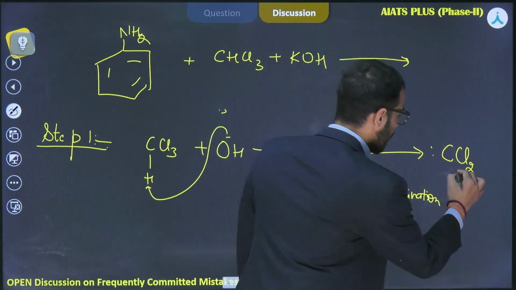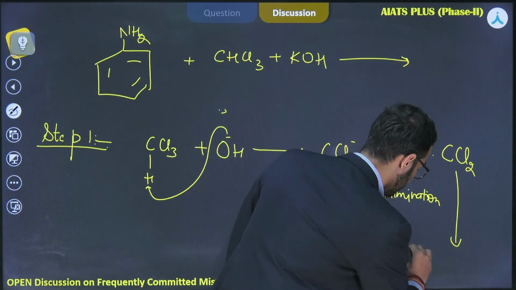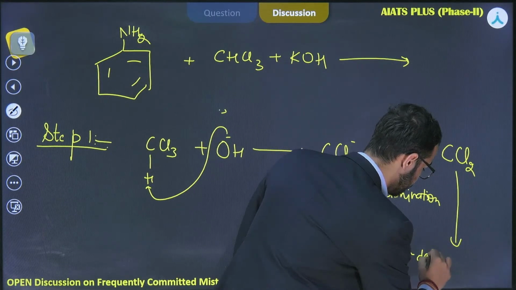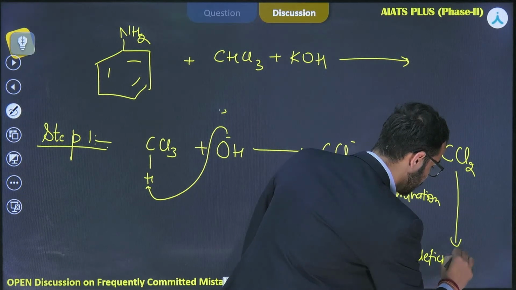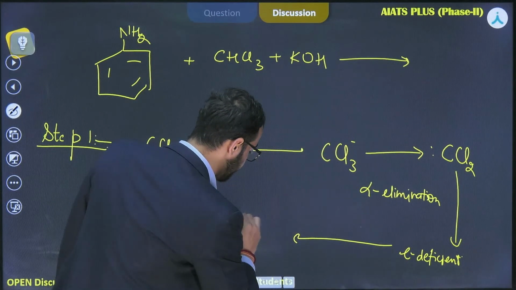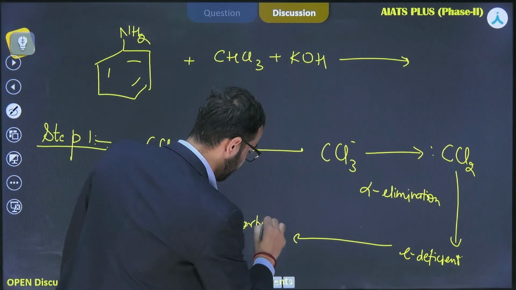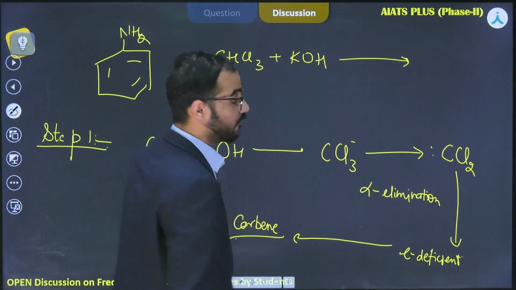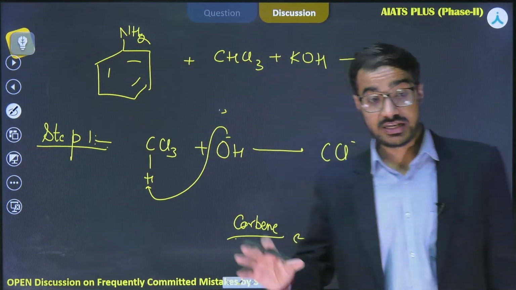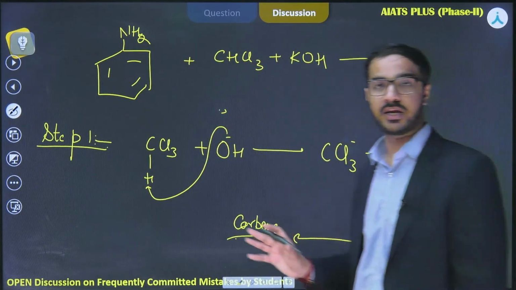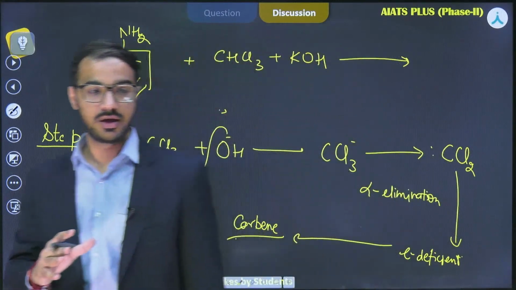This is electron deficient, and this is a carbene. And very specifically, CCl2 is which kind of carbene? Is it a singlet or triplet?